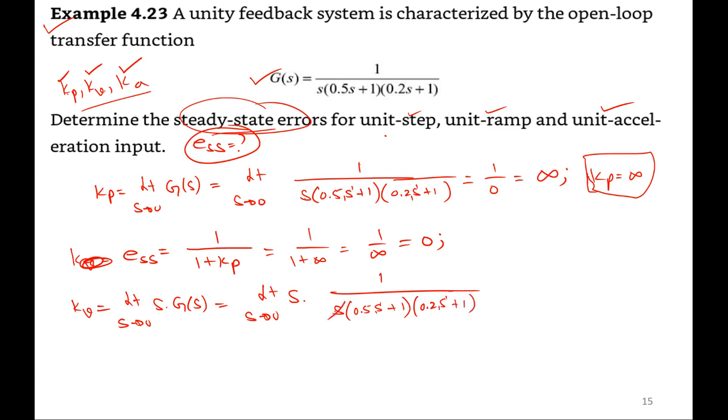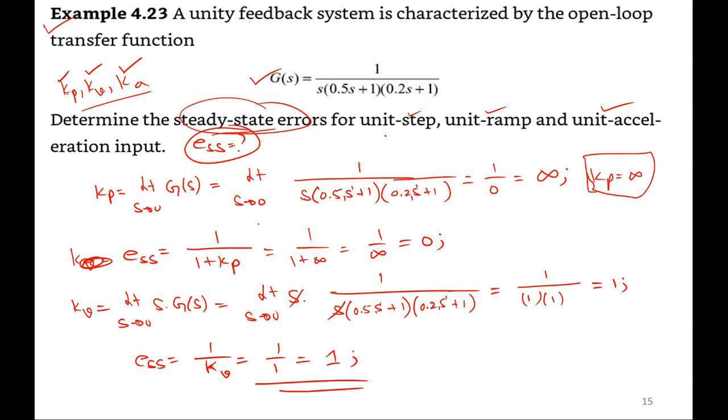So s will get cancelled. Substitute the limit s tending towards 0: if s is 0 I am getting 1, so Kv is 1. The steady state error is 1 by Kv. No need to refer to the table, you should remember it. So 1 by 1, the steady state error ESS is 1.